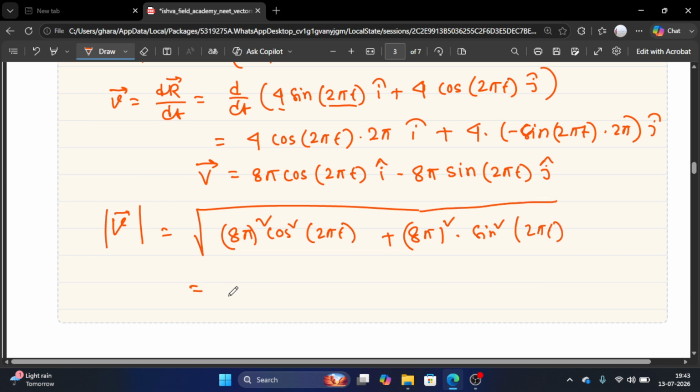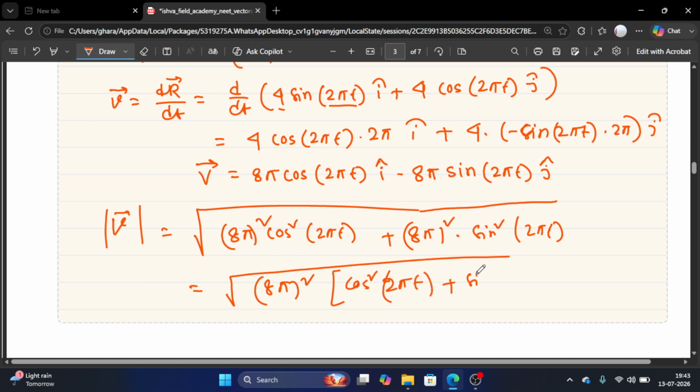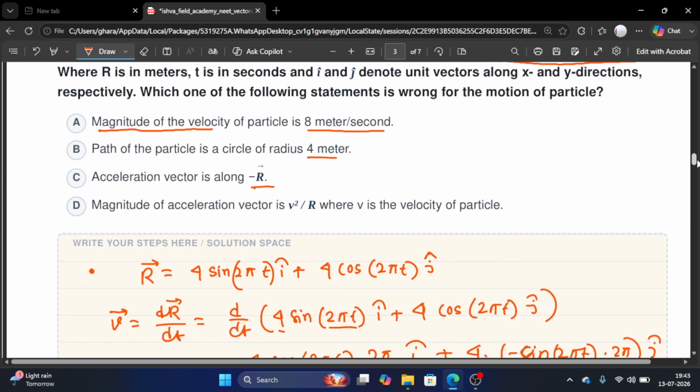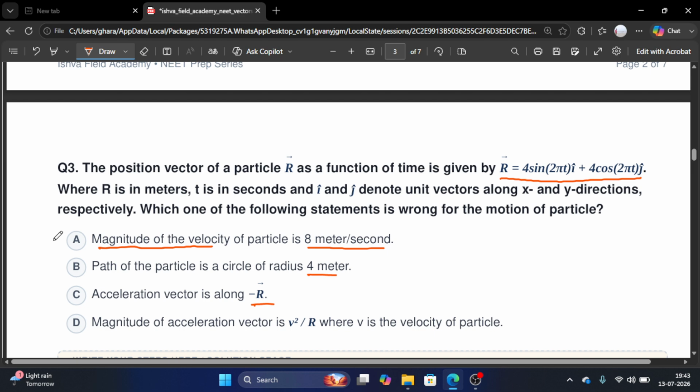If you take 8 pi square common out, this one is cos square 2 pi t plus sine square 2 pi t, and this gives you 1. So that means root over 8 pi square, that means 8 pi meter per second. So 8 pi meter per second is the correct answer.